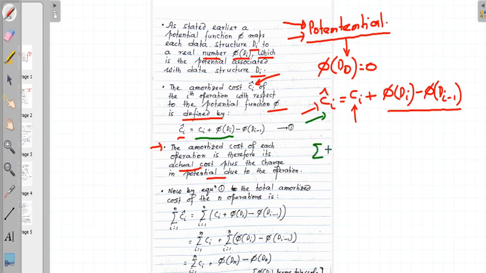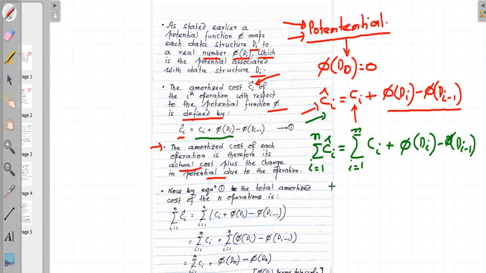That is the sum of Ci cap over i equals 1 to n, which equals the summation over i equals 1 to n of Ci plus phi of Di minus phi of Di minus 1.